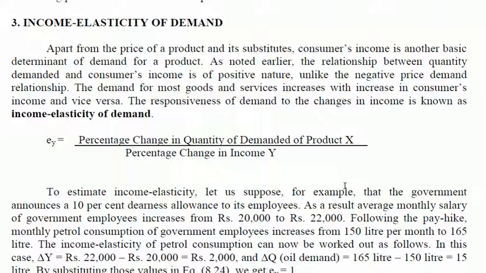Just for example, there is a family eating sunflower oil, which is pretty okay, not very costly but not very cheap also. They were consuming sunflower oil for all their cooking, for all their dishes. As the income of that family increased, they started making huge dishes and consuming more oil, but up to a certain limit.